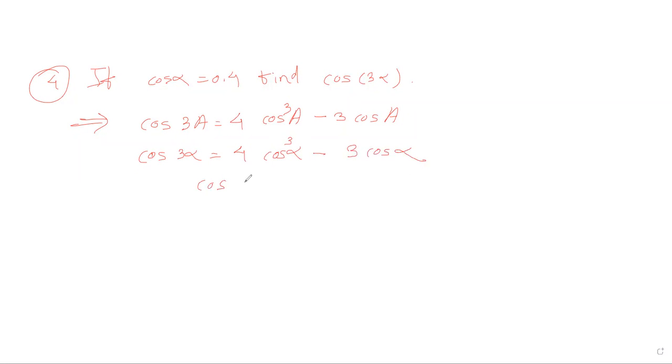Then the cos alpha value is 0.4. So now put in the value of cos alpha: 4 as it is, cos cube alpha means 0.4 cube, minus 3 times cos alpha, which is 0.4.